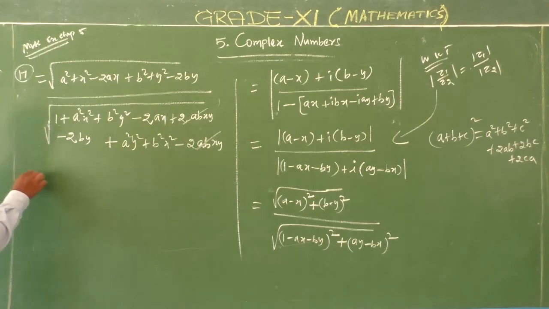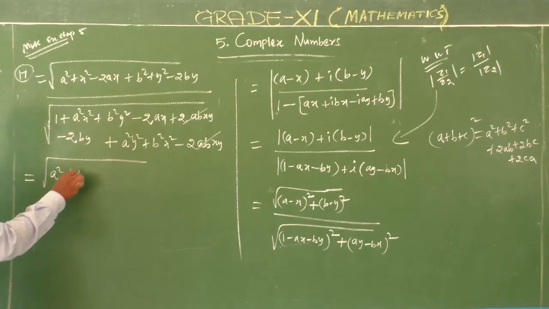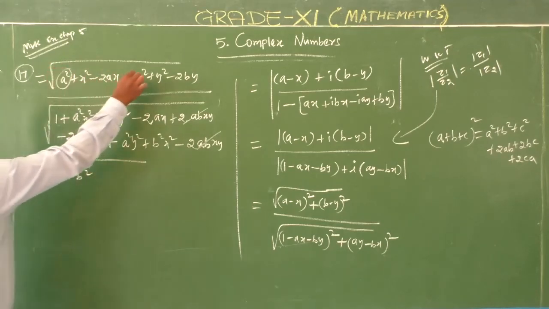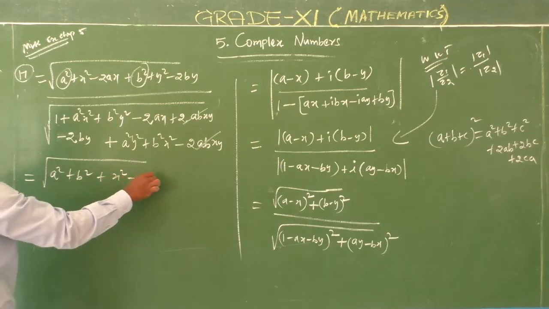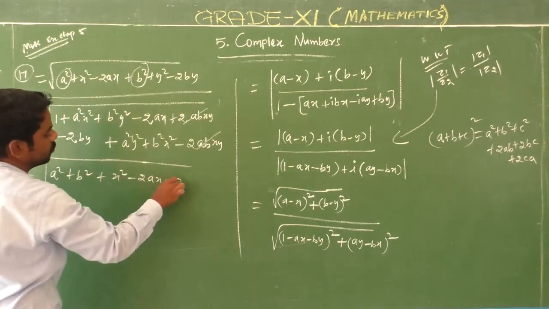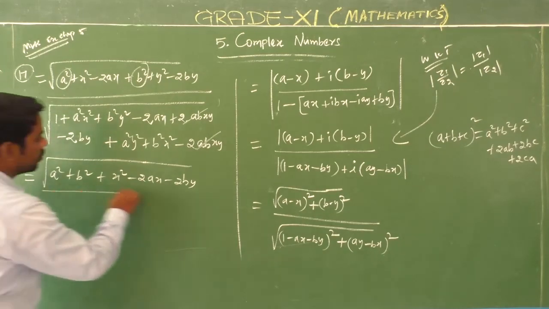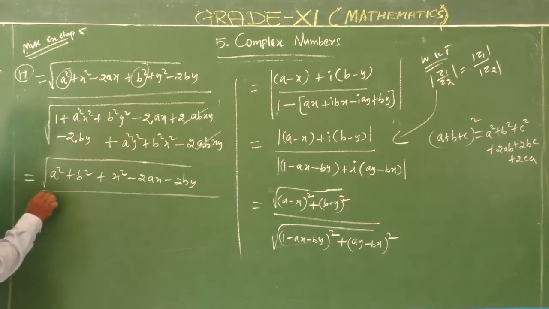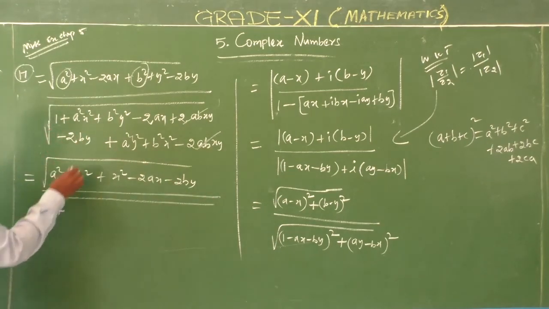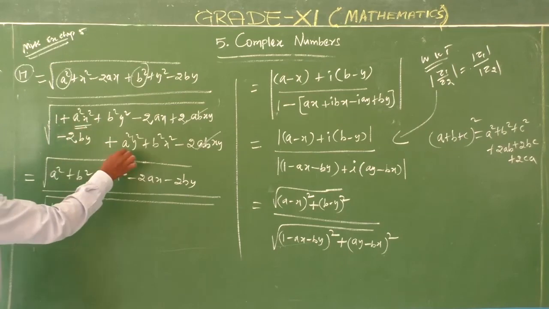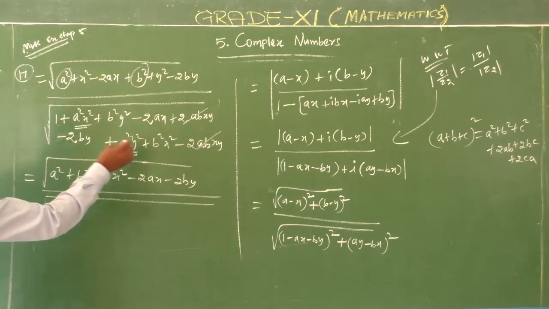The remaining is equal to the root of a square plus b square, a square plus b square plus x square minus 2ax minus 2by, whole divided by the root of 1 plus a square x square, here a square y square, a square x square, a square y square.